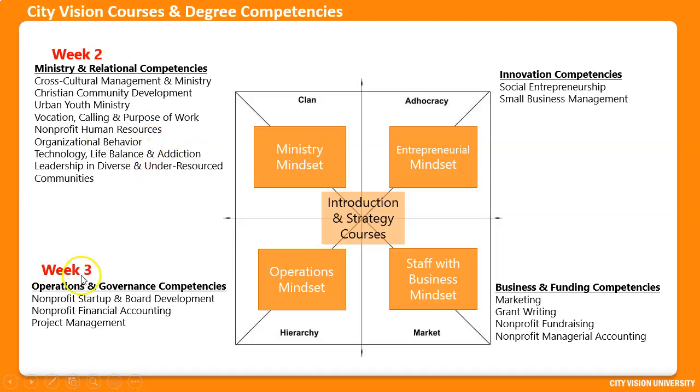Week 3, we're going to go through the operations and governance competencies. And as I mentioned, this is a survey. Week 4, we'll cover innovation competencies. And week 5, we'll talk about business and funding competencies. In week 6, we're going to cover the strategy, which is combining all of those together.